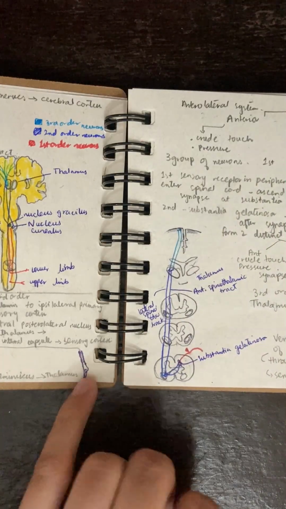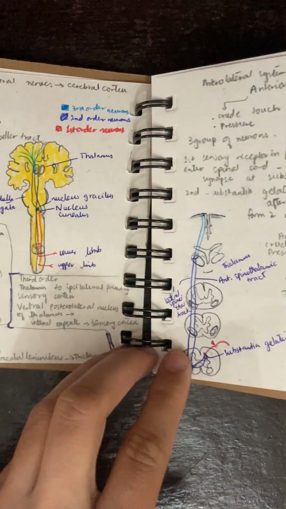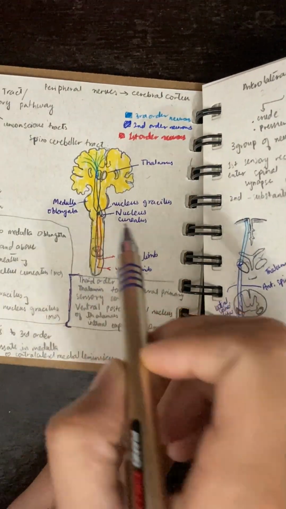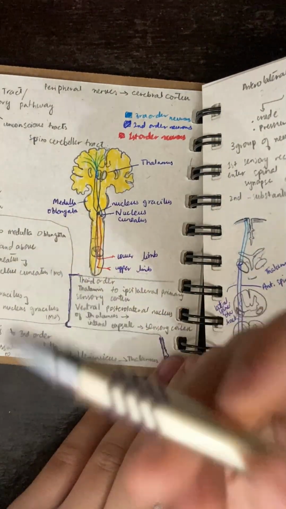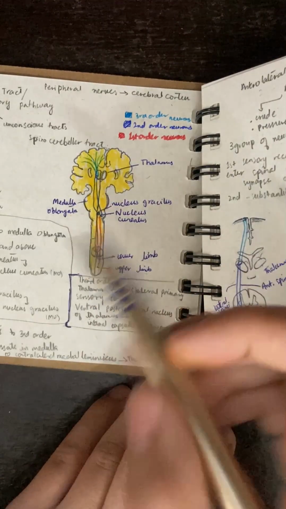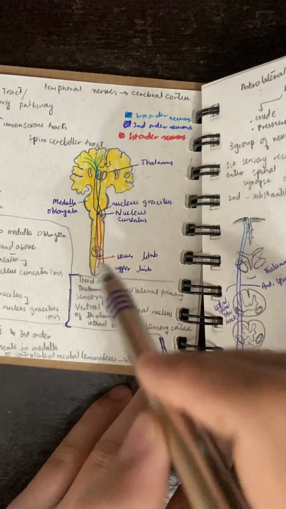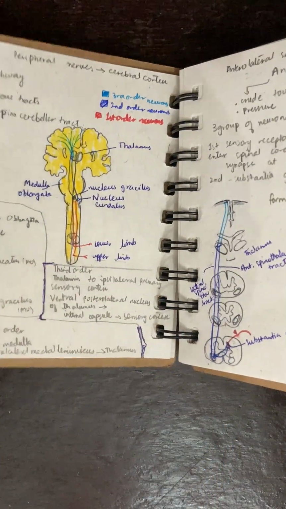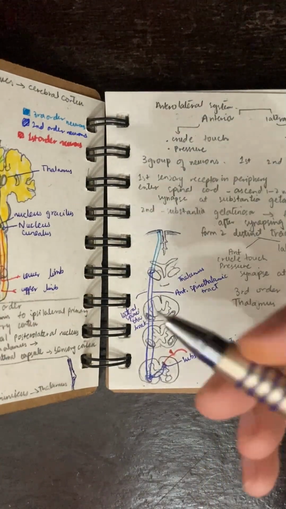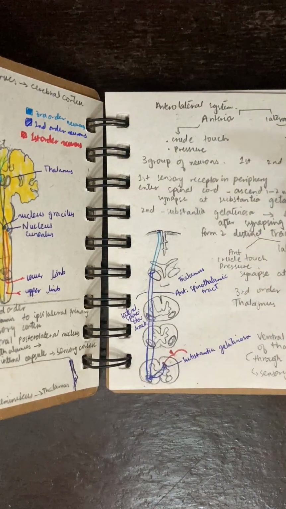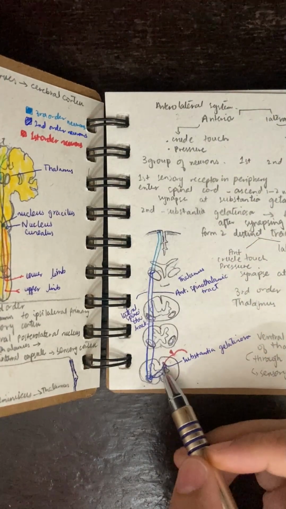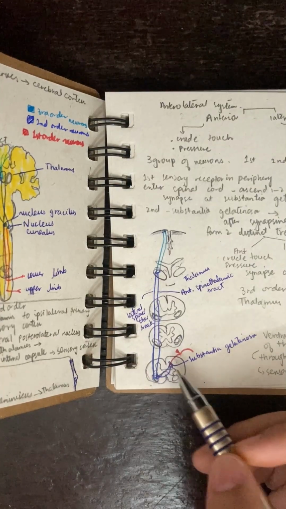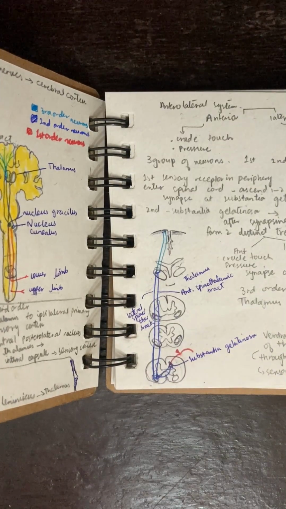So, what makes the difference is that if there is a lesion at the level of spinal cord, then the information of the dorsal column medial lemniscal pathway will be lost on that same side. While if there is a lesion of the anterolateral pathway, then the information has decussated at the level of spinal cord, so the loss will be contralateral.